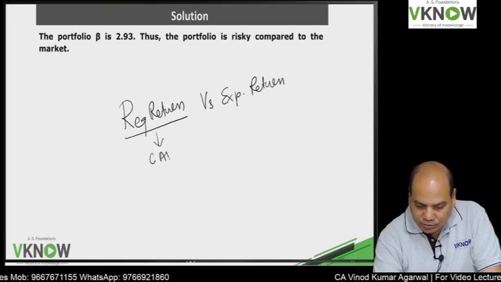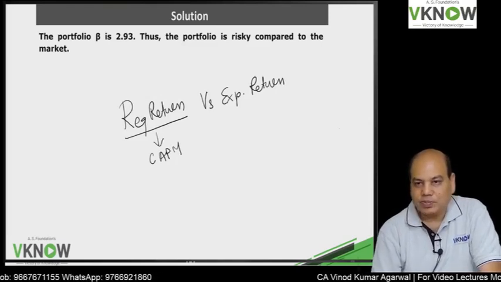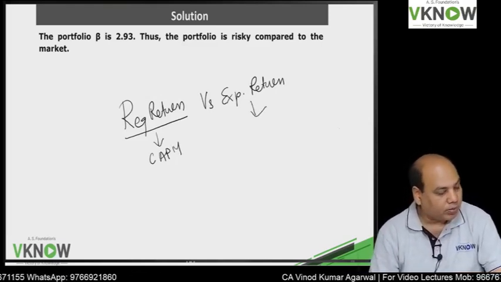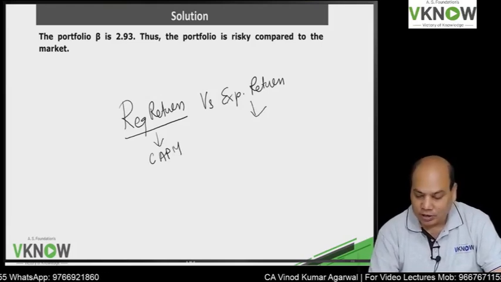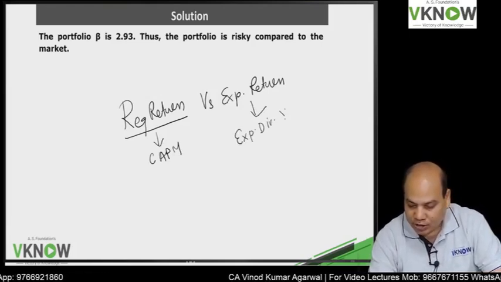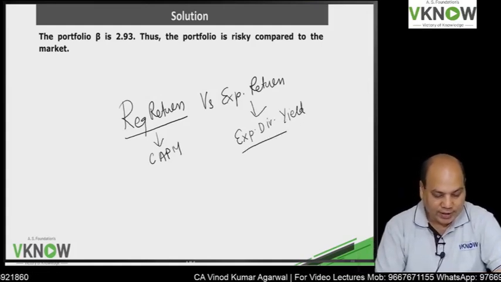Required return is calculated as per CAPM. And expected return is given in the problem, expected dividend yield. Can you see that last line of the table? Expected dividend yield.